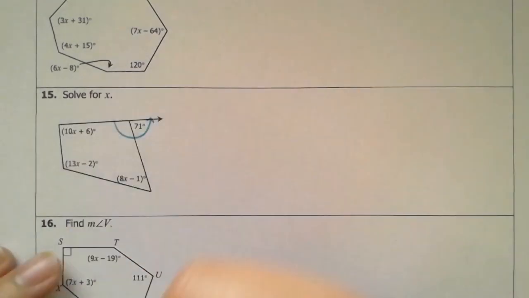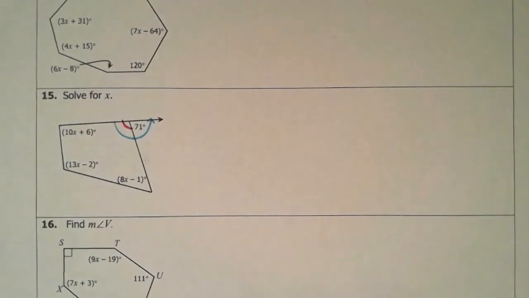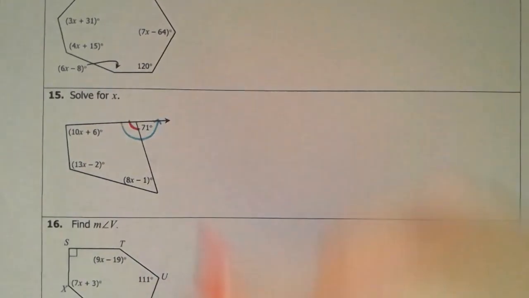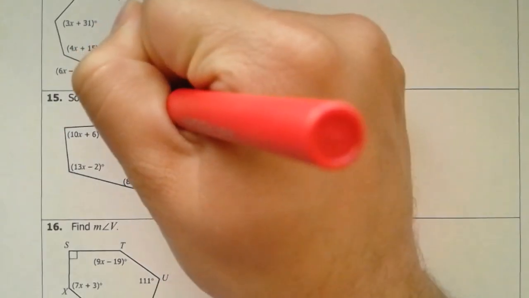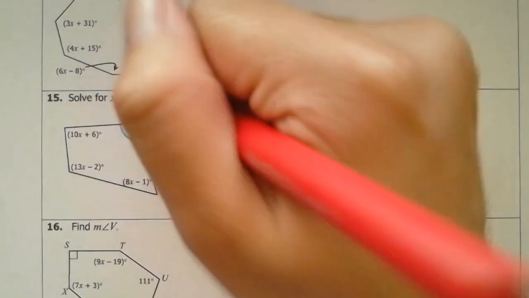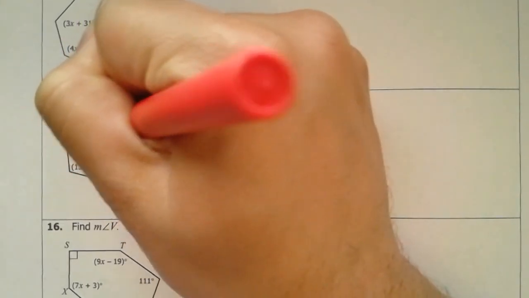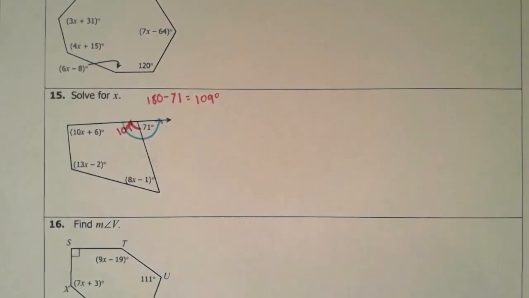So we can use it to find the red angle in here. So I have 180 degrees minus 71 degrees, and I get 109 degrees. So this red angle there is 109 degrees.